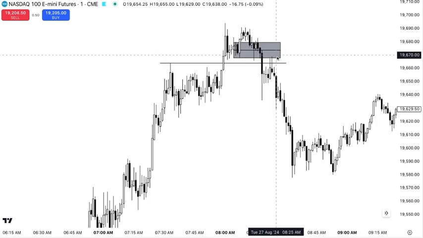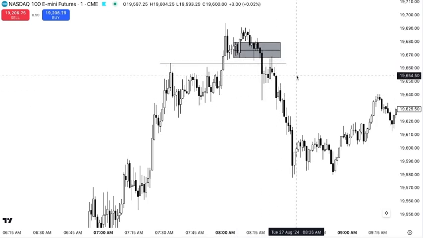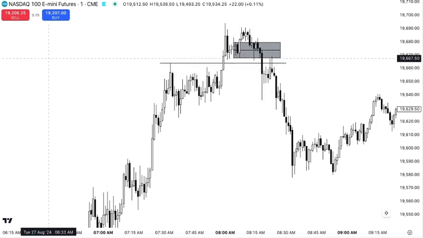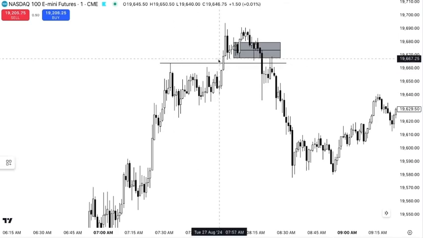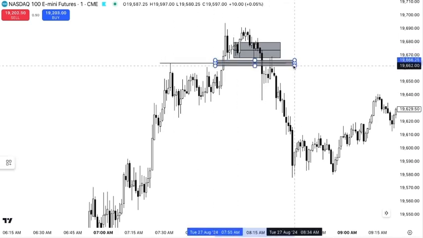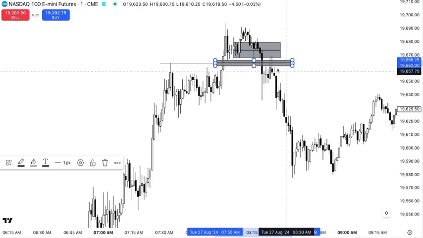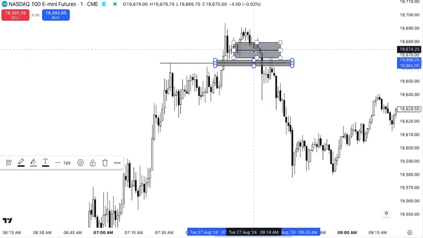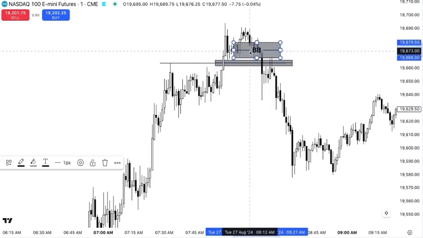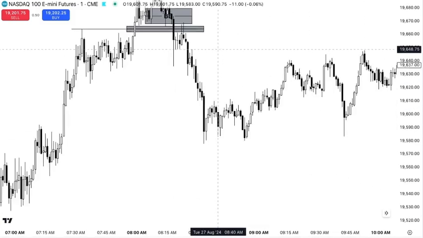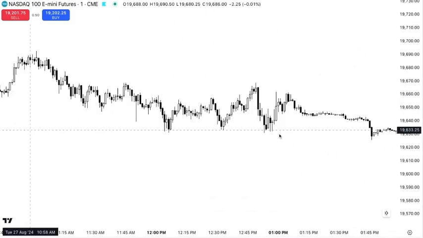Okay, price came into it, back down. We also have that inverse fair value gap right here. But this is more of a BPR, to be honest, because they overlap. So we have the BPR, and then we also have the breaker block right here. So yeah, that's just one last example. You guys can go on the chart and mark those out yourself.